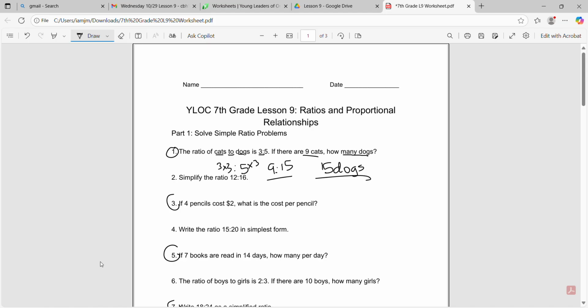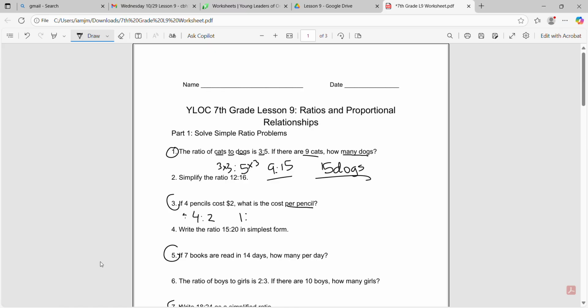Number 3, if 4 pencils cost $2, what is the cost per pencil? So we were given the information that 4 pencils cost $2. To find the cost per 1 pencil, we have to turn the 4 pencils into 1 pencil. To do that, we divide 4 by 4, which will get us 1.